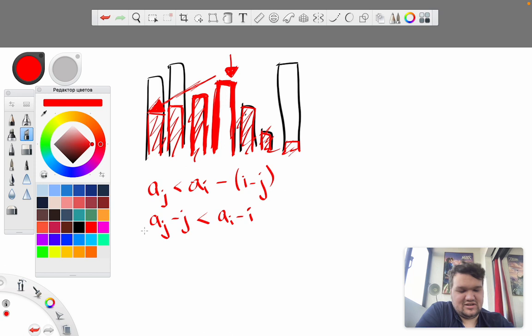So we can just maintain a stack of basically in an array with these values we want to find the closest less element on the left. That's a standard problem with scanline with a stack.